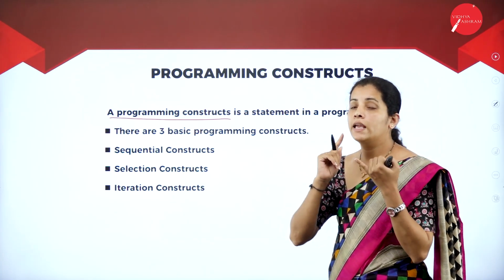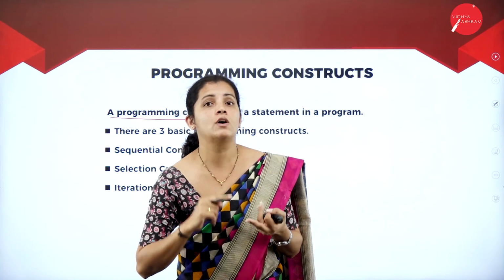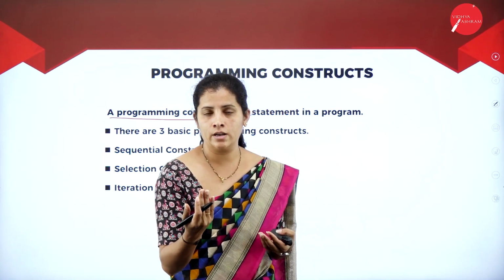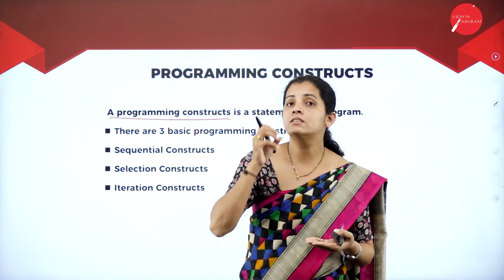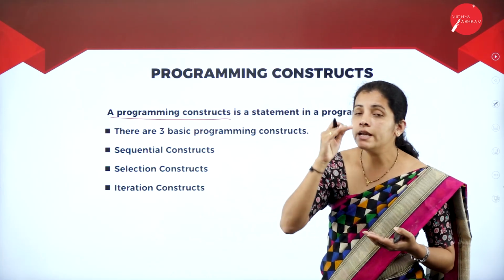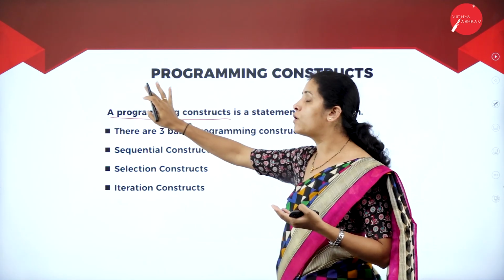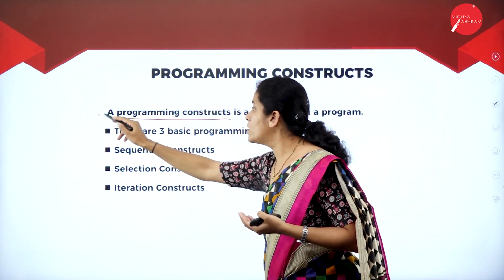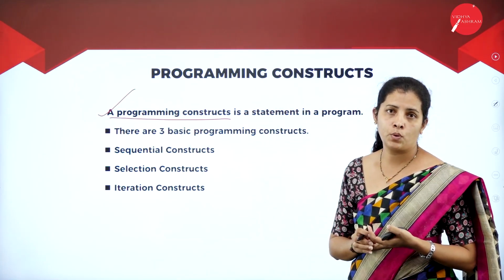I can use C, or C++, or Java, or Python, or Android. So the selection of the programming language purely depends on the user. And whatever statement I write in my program is itself called a programming construct. A programming construct is nothing but a statement in a program.